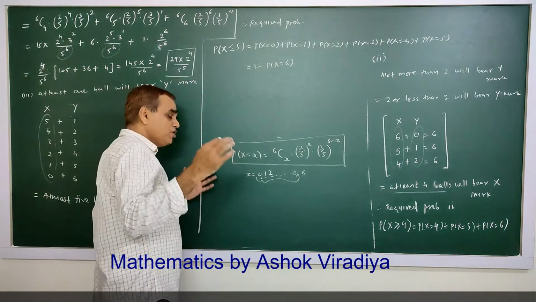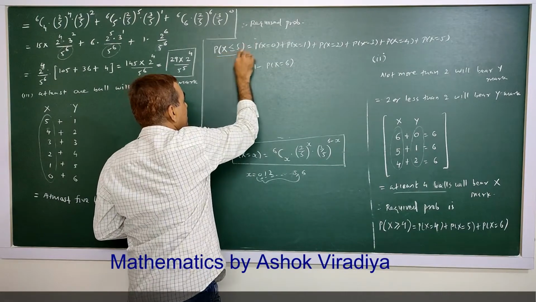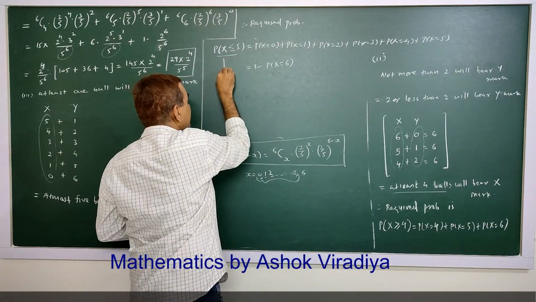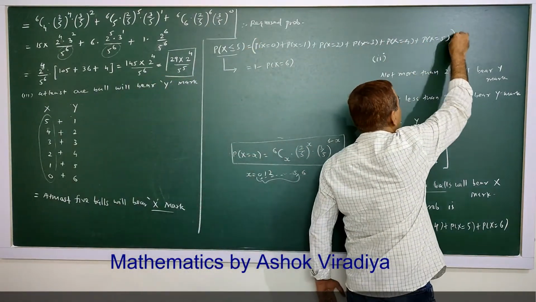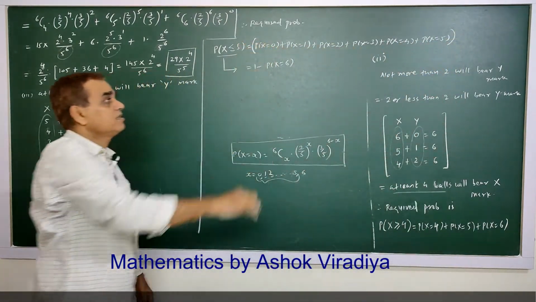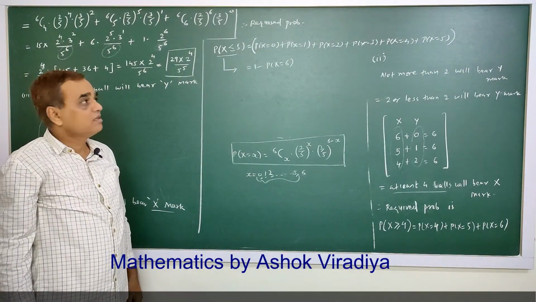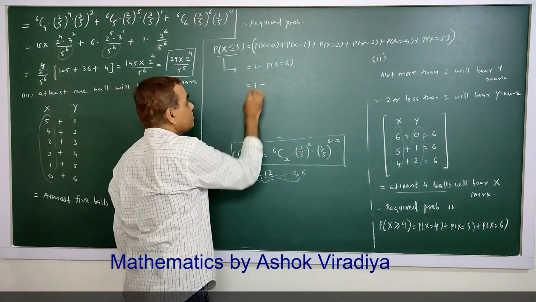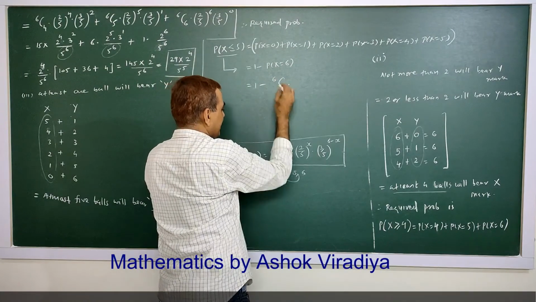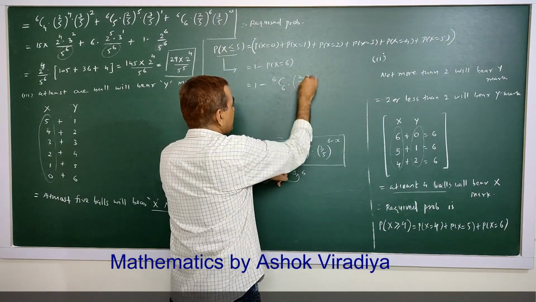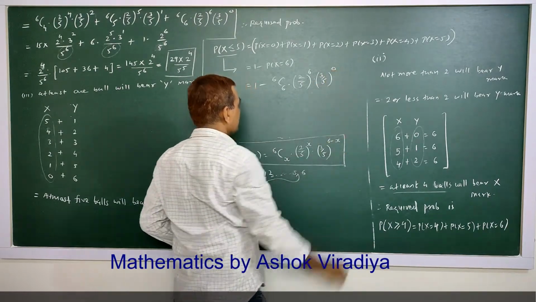If you don't make any mistake, you can bypass this step and write directly. So I am putting this in brackets. This is not compulsory in the exam. You can directly put this statement. So that is 1 minus, now putting here 6. So 6 is 6C6 into 2 by 5 raised to 6 into 3 by 5 raised to 6 minus 6, that is 0.